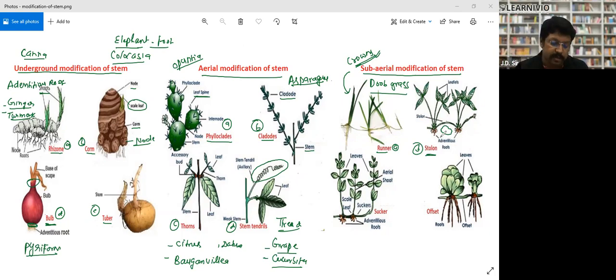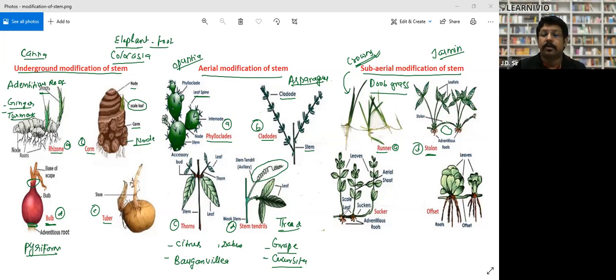They make an arc, which can cross over a small obstacle. Example, jasmine and strawberry.